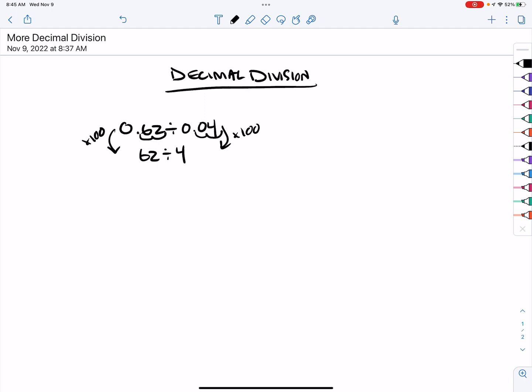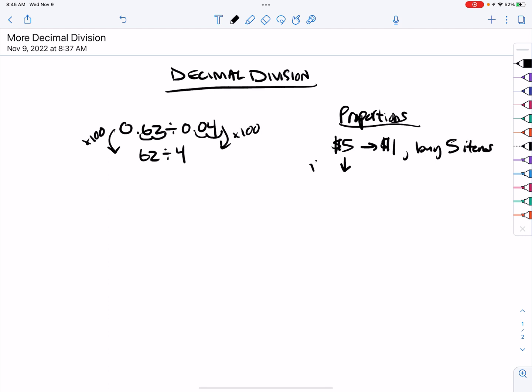Now, just a quick recap of why these proportions work out. Think if you had $5 and you go into a store where everything costs $1. You can buy 5 items. But now you have 10 times as much money or 100 times as much money.